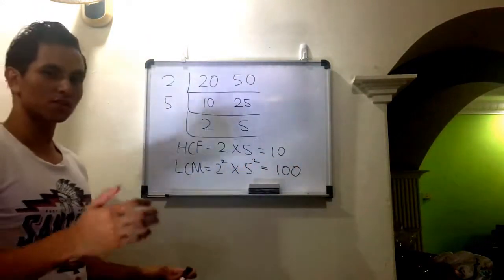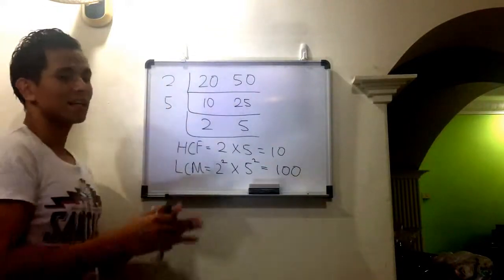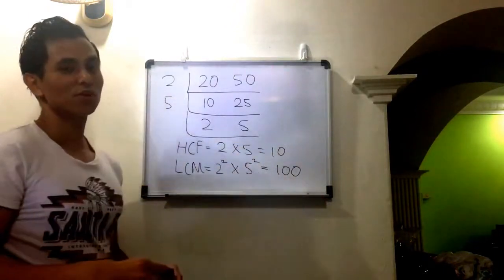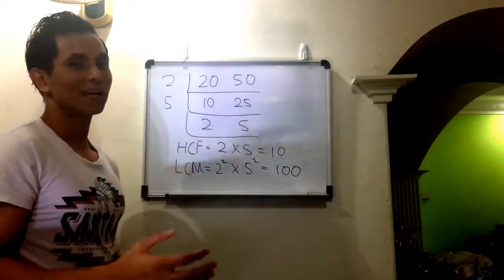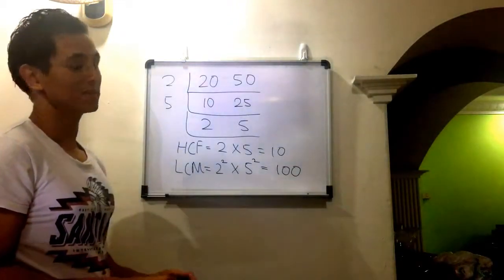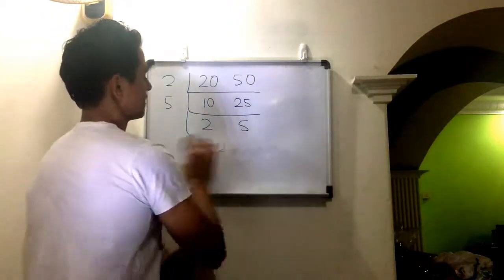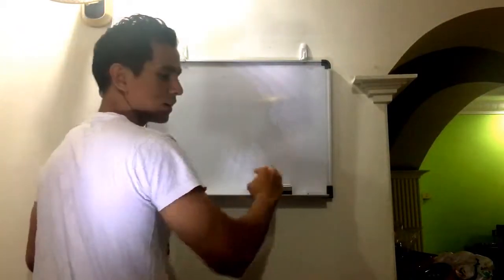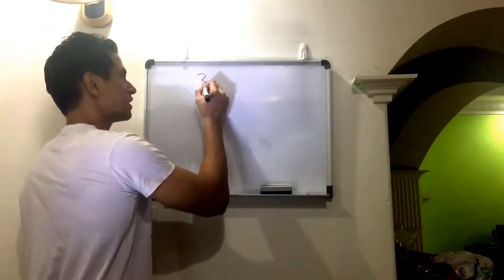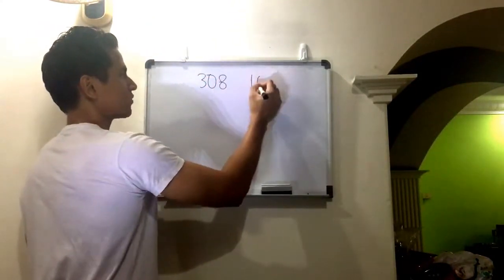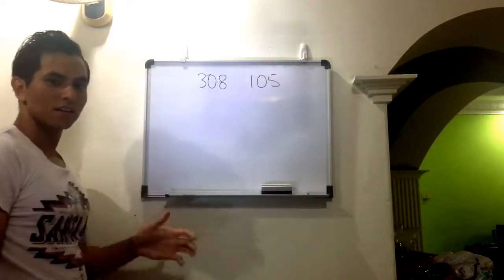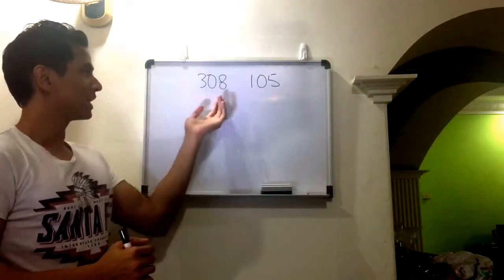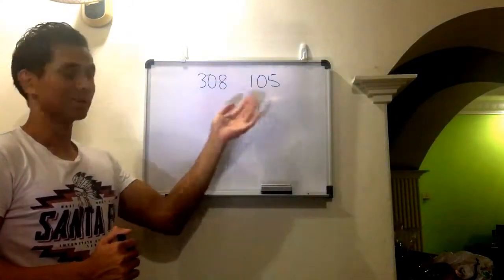Okay, so this is a simple example, and it seems that the ladder method is very straightforward. So let's move on to slightly more complicated numbers and see what happens. Let's say we have the numbers 308 and 105. They're really big numbers, and looking at them straight away, we don't know whether there is any prime number that both numbers can be divided by.